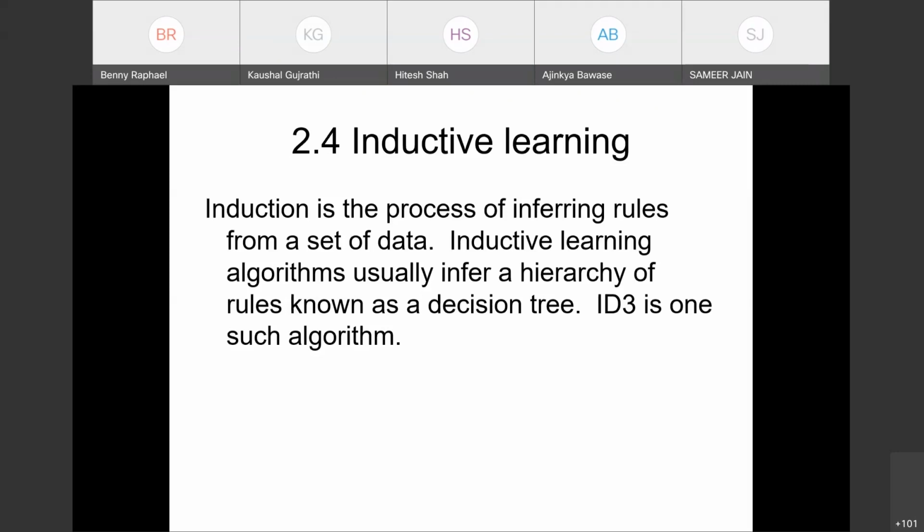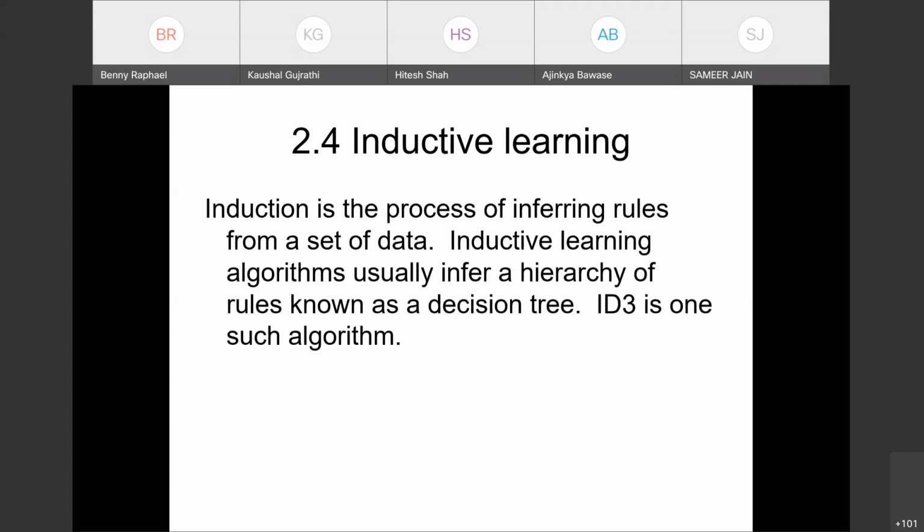So 2.3 was clustering. Now we go on to another method called inductive learning. A decision tree is an example of inductive learning. Induction is the process of inferring rules from a set of data. So say you have data about birds, and you find that all the birds fly.